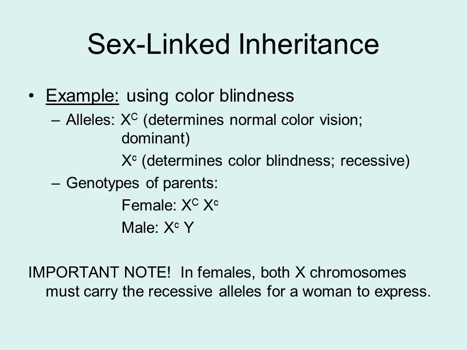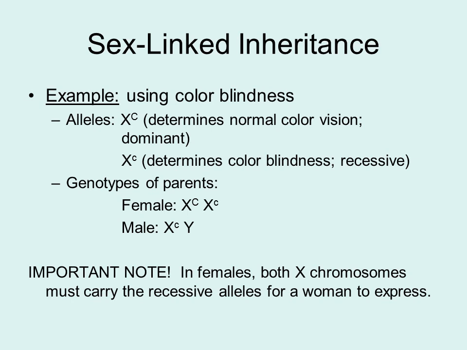So if we look at color blindness, this is often depicted by drawing it as an X and then putting a C. Because color blindness is recessive, we use a lowercase c on that X. So it's showing that it's associated with that X chromosome. So females, the genotype could be both with big X's with big C's.